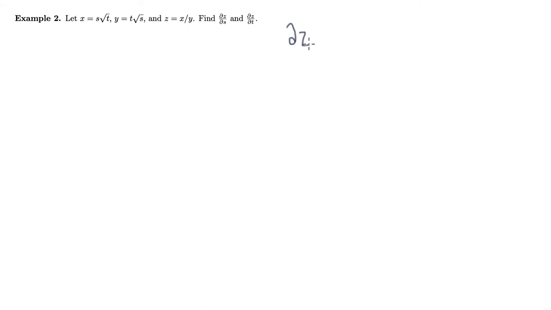So partial z, partial x is just 1 over y. Partial z, partial y is negative x over y squared. Okay, what else?